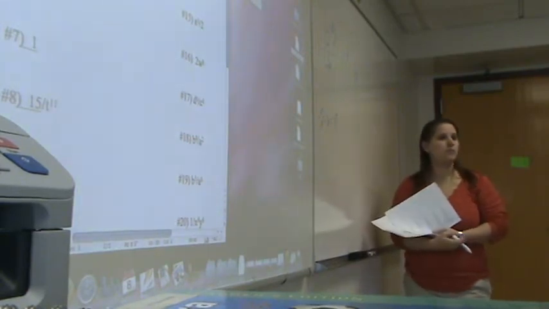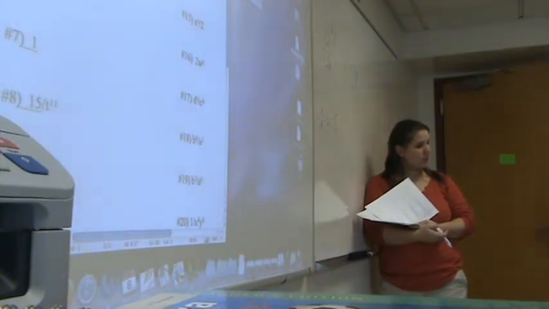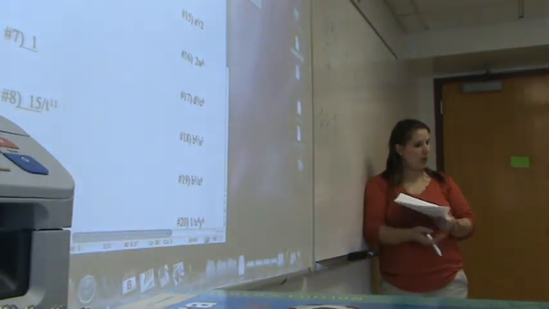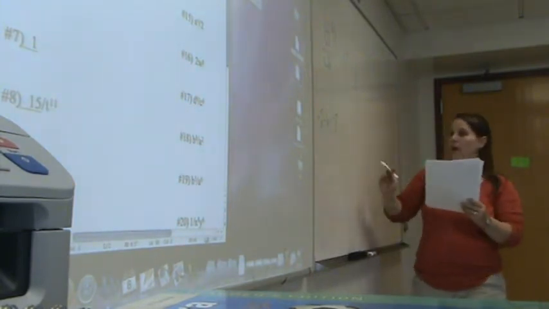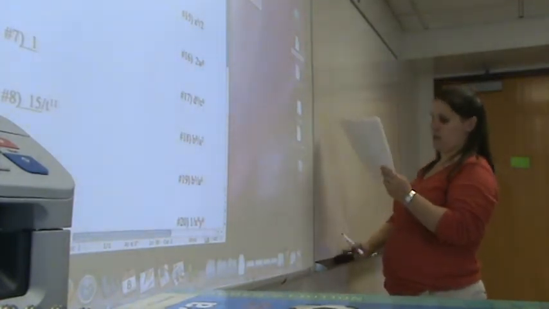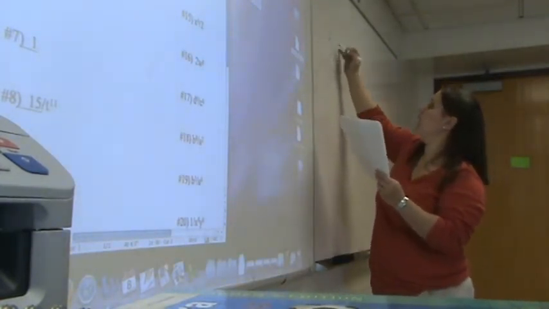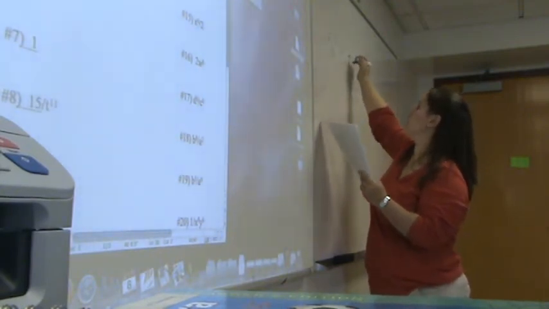Other questions? I currently don't understand the concept of putting the number 25 over a to the 2nd. So number 10? Yeah. Okay, so let's take a look at it. 5a to the 3rd times 5a to the negative 5th.